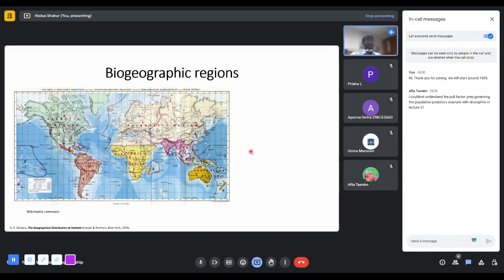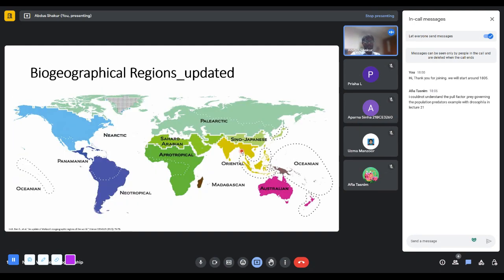This concept of having biogeographical regions to differentiate how species are distributed was initially put forward by Alfred Russel Wallace, and it has later been modified.